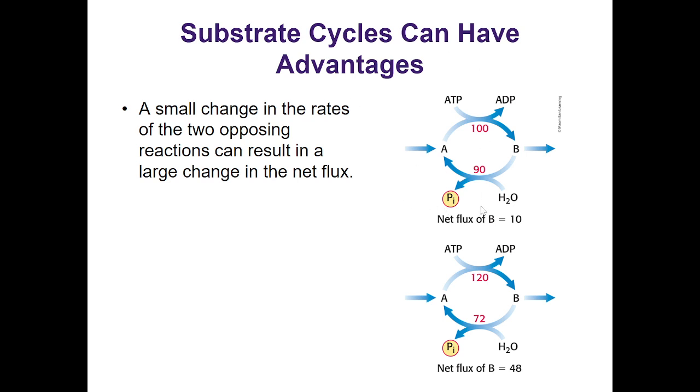And so this is actually what we're seeing right here. Here we have 2 different parts of the same cycle, and we have a 10 imbalance, right? So for every 90 times we go backwards, we go forwards 100 times. So the net difference is only 10. This right here would be a net flux of 48 in this case, 120 versus 72, right?